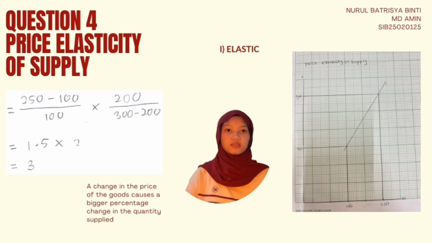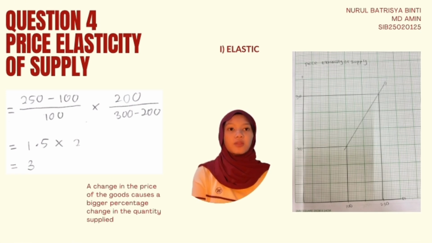The elasticity value is 3, which is greater than 1. This means the supply is elastic, which means that producers can easily increase their output when the price rises. As you can see on the graph, the supply curve is flatter, showing that a small change in price leads to a big change in quantity supplied.